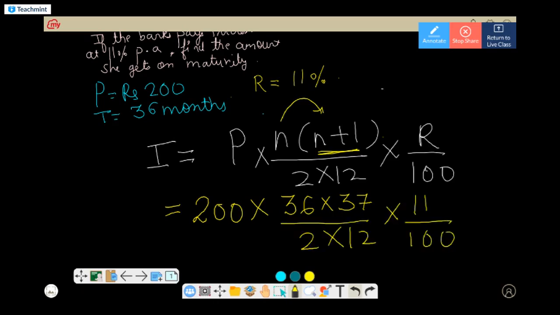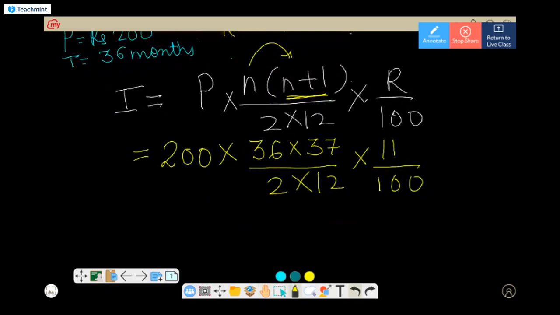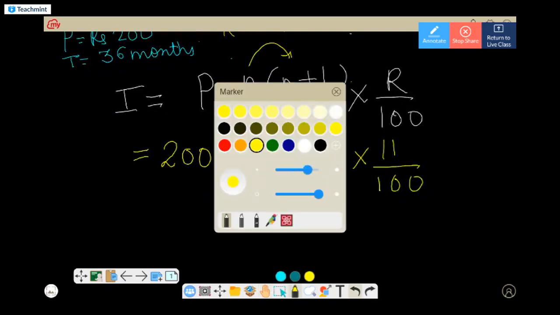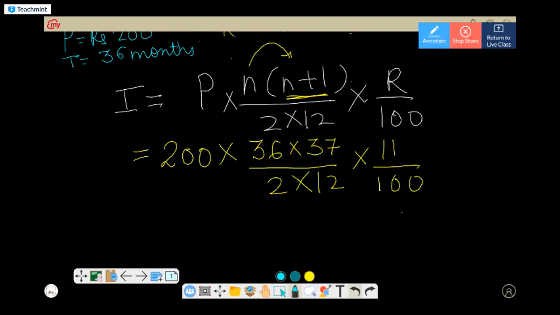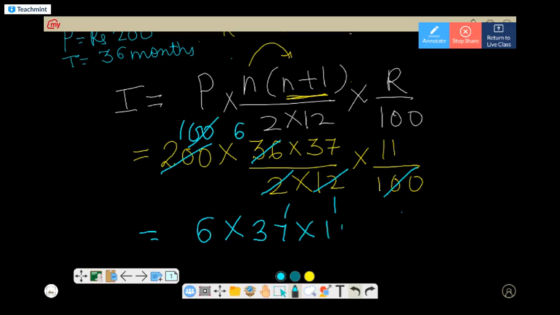Now, whatever cancellations you can do, you can try that. So let's see. Total numbers are getting cancelled. 2 ones are 200. Then this is directly in the table. 12 ones are 12, 6, and 100 and 100 is getting cancelled. So then what you're left with is 6 into 37 into 11. Tell me the answer for this calculation.